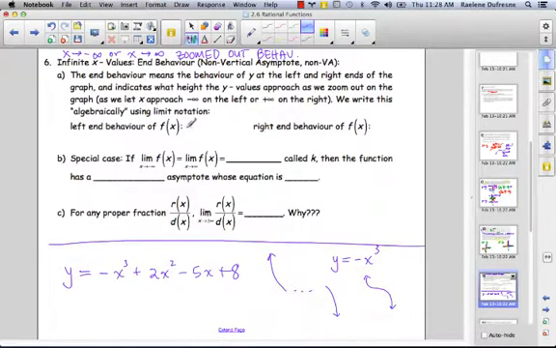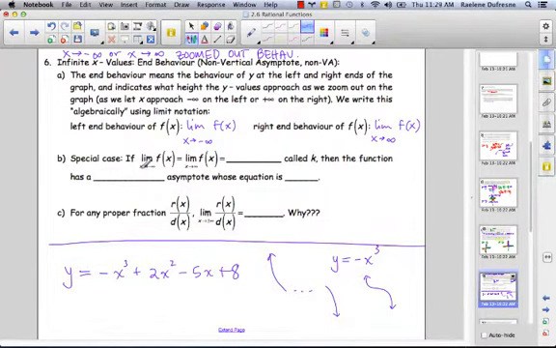So algebraically, we would write this on the left end by saying the limit as x approaches negative infinity of f of x, and on the right, we would write the limit as x approaches positive infinity of f of x. And we've seen this already in the functional analysis that we've performed on a few of the basic or parent functions.